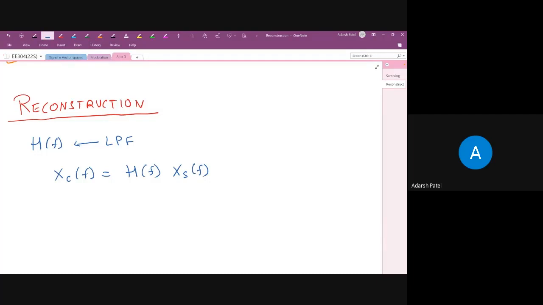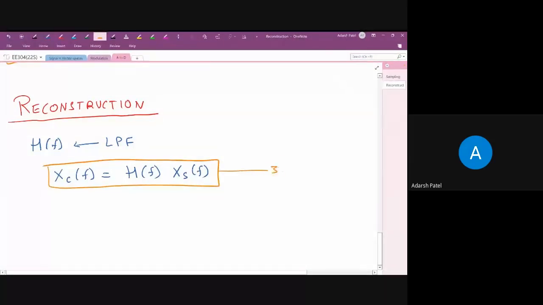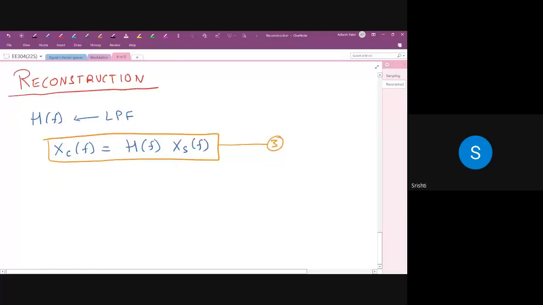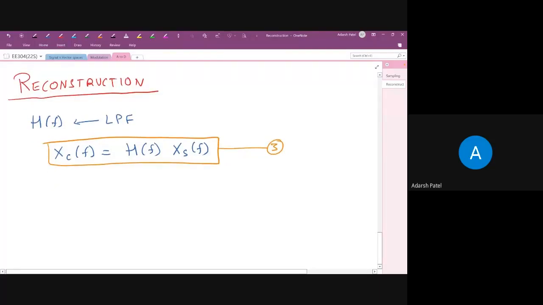Is this expression clear to everyone? Anyone who has not understood this expression? Sir, are you multiplying both of them? Yes. This is how we get it.